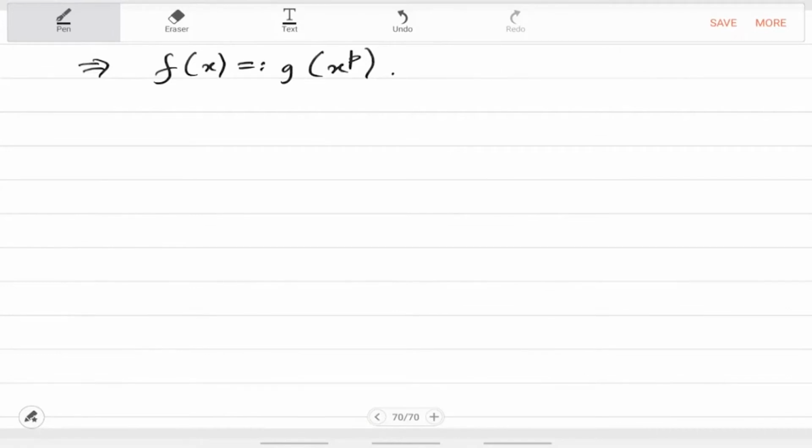It is just this x to the p raised to i by p, and how do you get h?